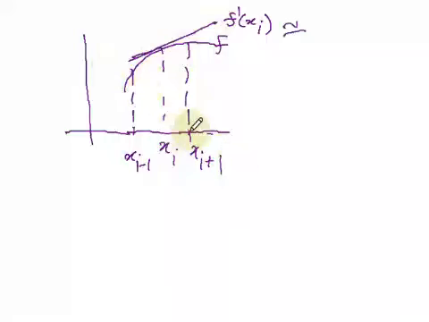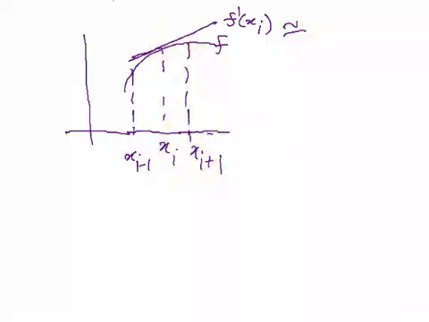Here we consider two points which are very close to xi: xi plus 1 and xi minus 1.